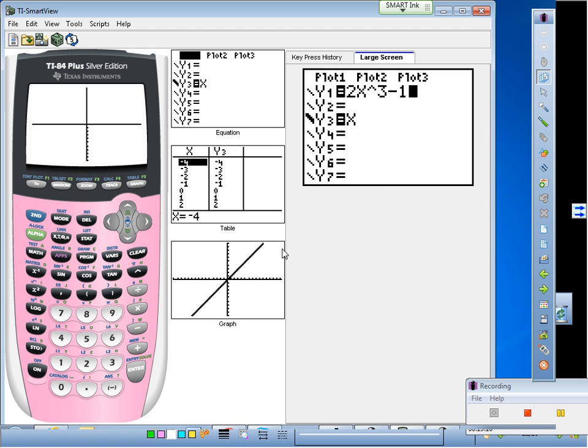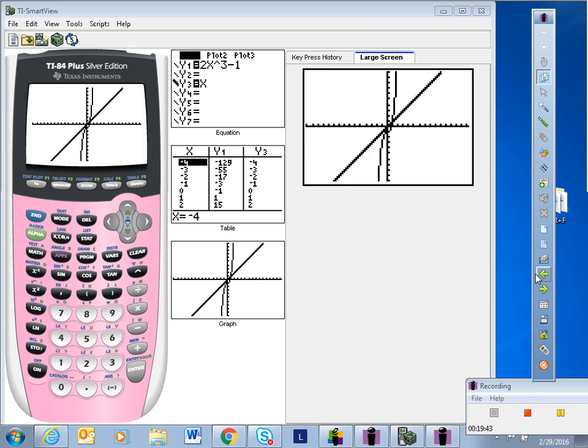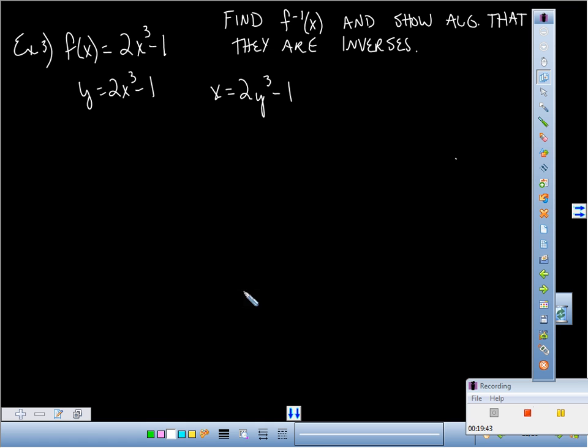There he is. He passes it. It means it has an inverse function. You just need to find it.